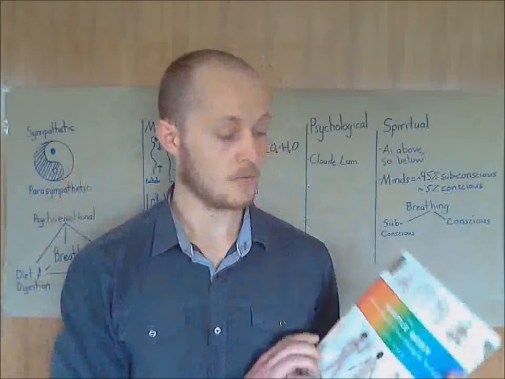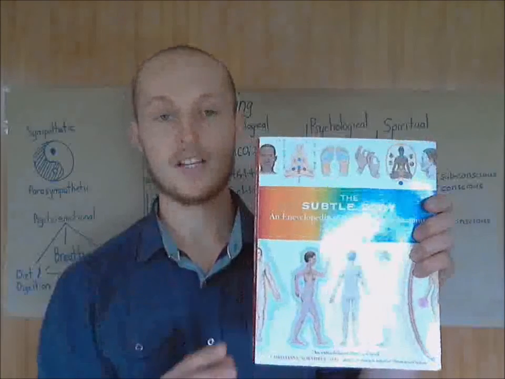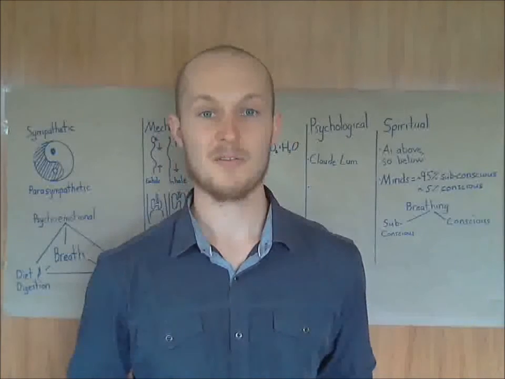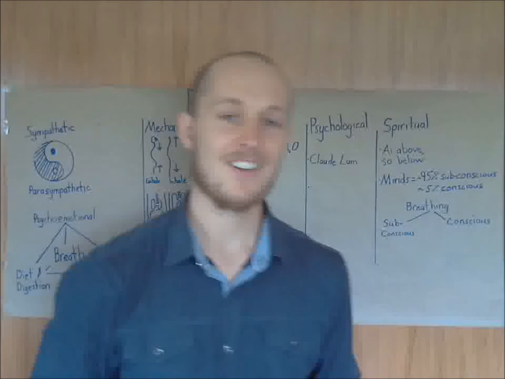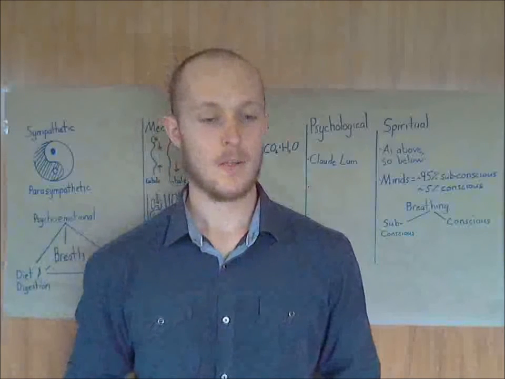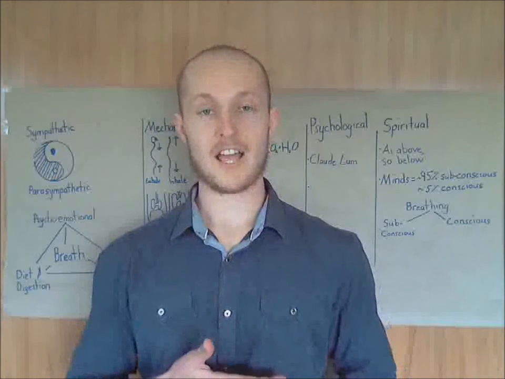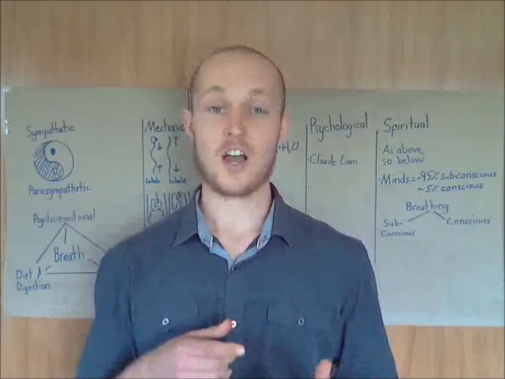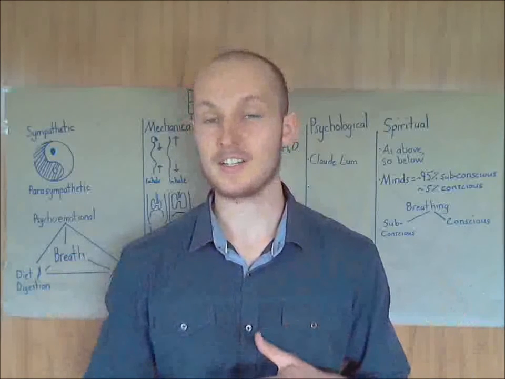And through the work of Cyndi Dale in her book The Subtle Body, Encyclopedia of Energetic Anatomy, we can work out which different areas in our body mean what. So if we're observing our bodies, our breathing, and we're not breathing into the very lower parts of our abdomen, just below the belt line, that's a sign that we're having something like financial stress or security stress.